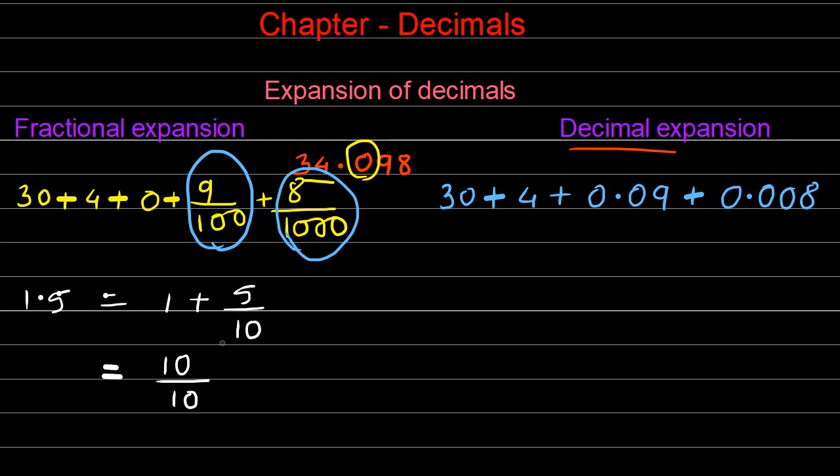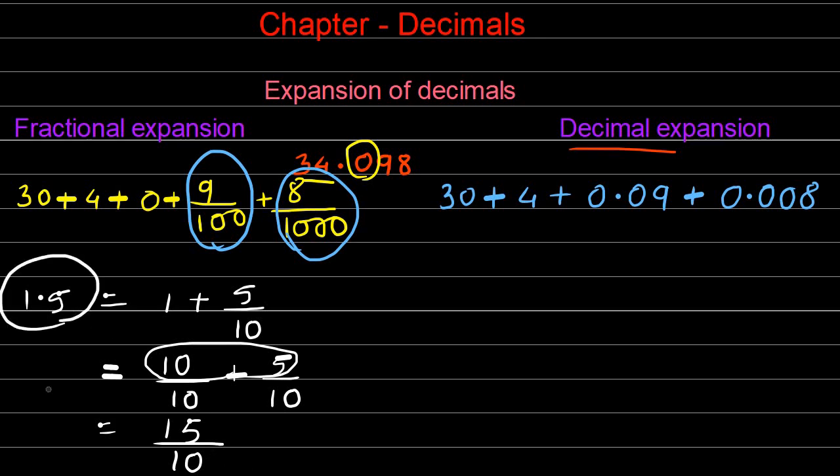So 10 upon 10 plus 5 upon 10. Now why did we take 10? Because 10 was our LCM. That's why we made it 10 upon 10, so that we can add the numbers. Now they have become like fractions. Once you get like fractions, it's very easy. Just add their numerators and you are done. So 10 plus 5 is 15 upon 10. That's it. This is its fractional form. So this is how you can convert the decimal form given into fractional form.